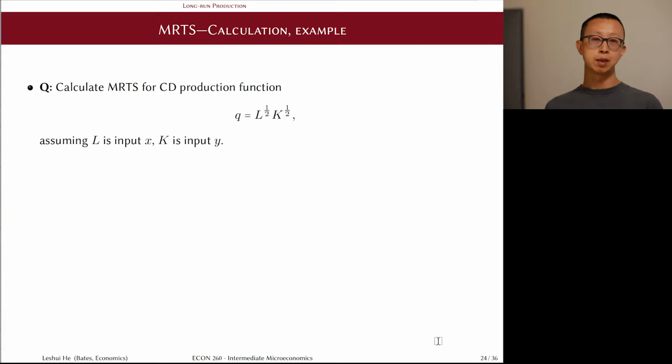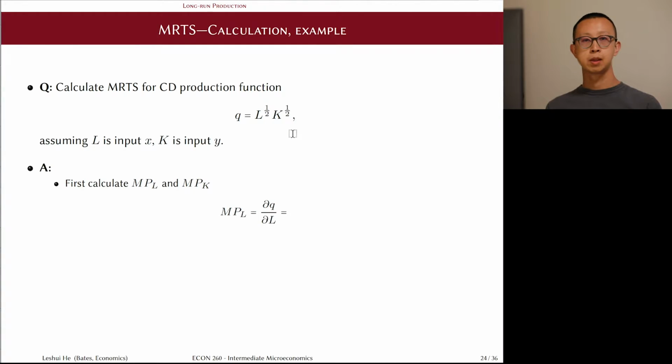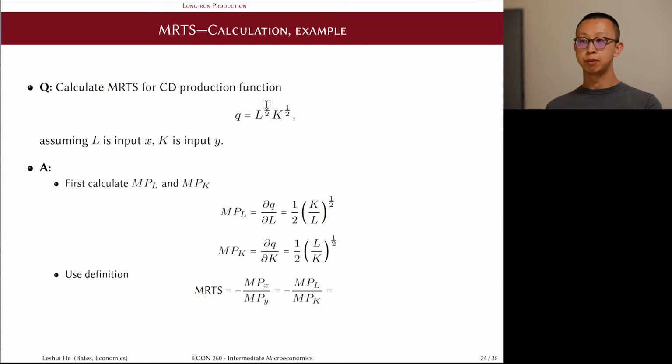Now let's look at a simple example that calculates the MRTS for a Cobb-Douglas production function, where the powers on L and K are both 1/2. Just like calculating the marginal rate of substitution, we first calculate the derivatives, or the marginal products, for each input, and then we take the ratio and put on a negative sign. So the marginal product of labor is the derivative of the production function with respect to L. The derivative will give us 1/2, which is coming from the power on L, times K over L raised to the power of 1/2.